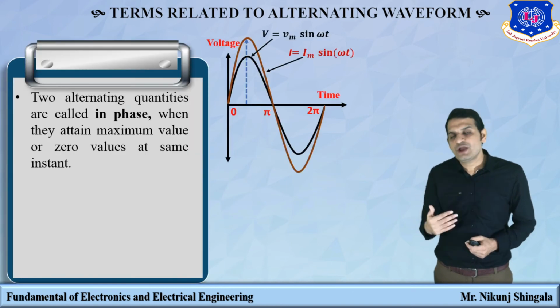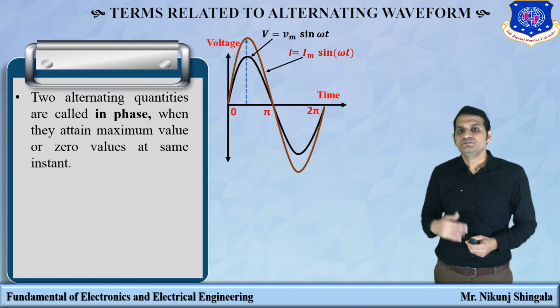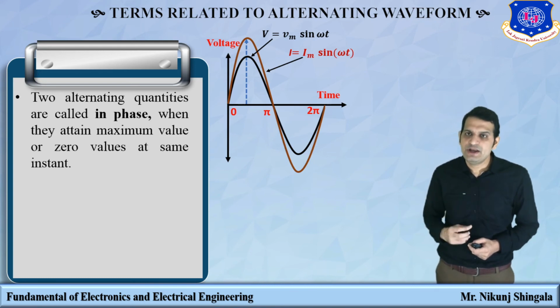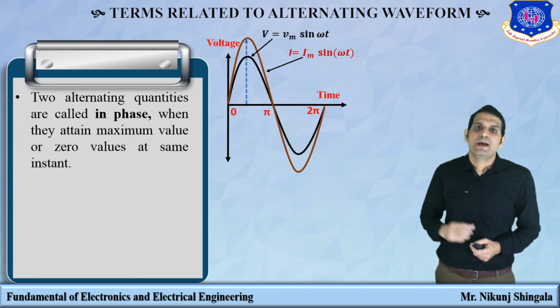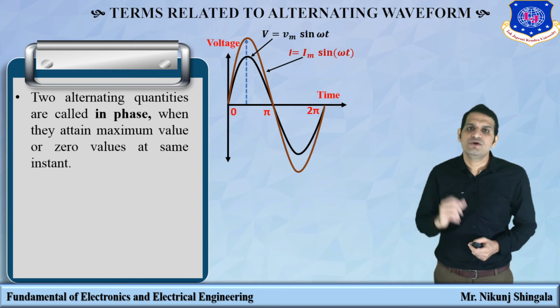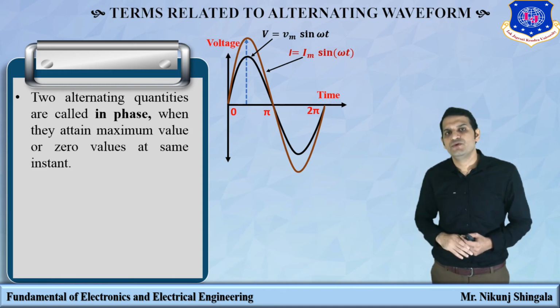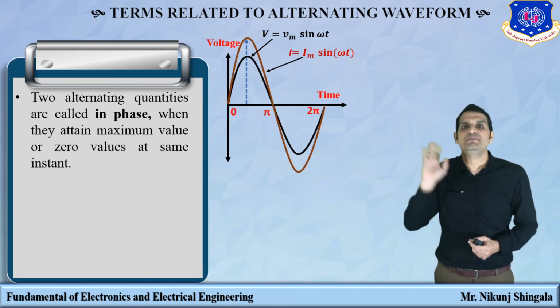Now there are two types of quantity, in phase quantity and out of phase quantity. What is the definition of in phase quantity? Two alternating quantities are said to be in phase when they attain maximum value or zero value at the same time. So in these two waveforms, you can see voltage and current both attain minimum value, zero value and maximum value at the same time.